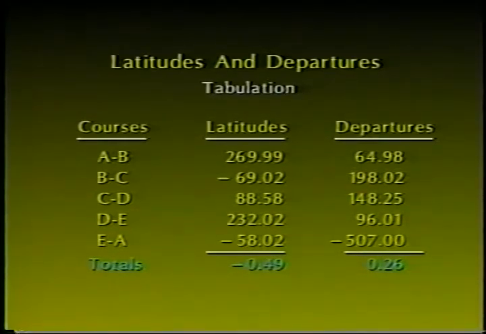Note the algebraic signs and the totals which indicate misclosure. As I mentioned earlier, the totals should always be 0, but rarely are due to the random error always present in any and all survey measurements. Remember this graphic and compare it to the next one, which is a sketch of a traverse with the latitudes and departures shown plotted around the course.